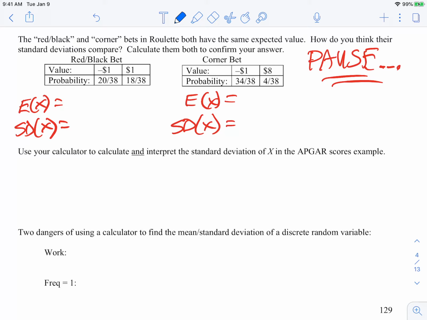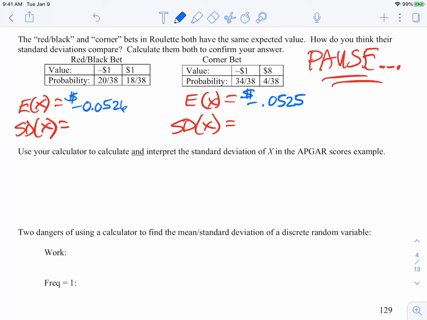All right, so if you did what I asked you, which I hope you did, you should have found the expected value to be exactly the same. These are both games from a roulette wheel and different kinds of bets that you can make on a roulette wheel, and it turns out the expected value for both of these is exactly the same. It's about -5 cents, roughly a nickel.